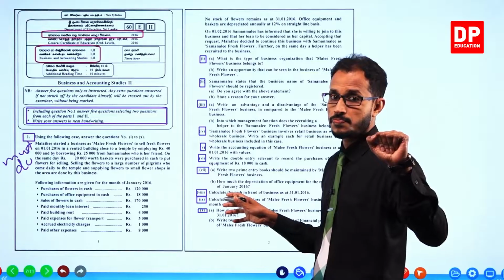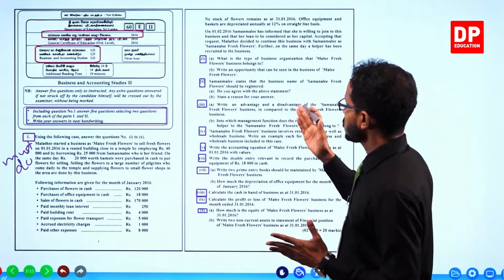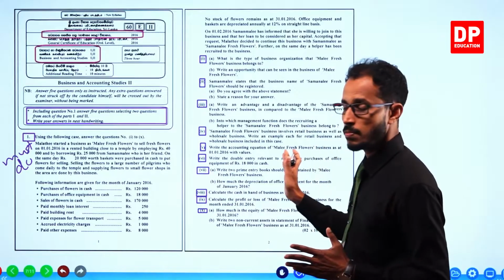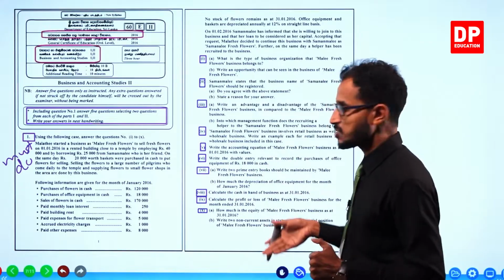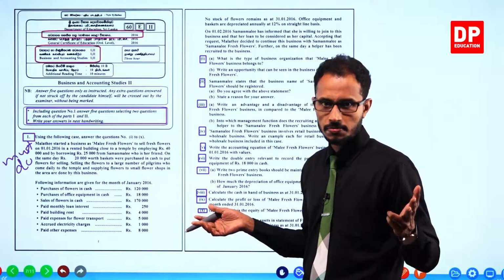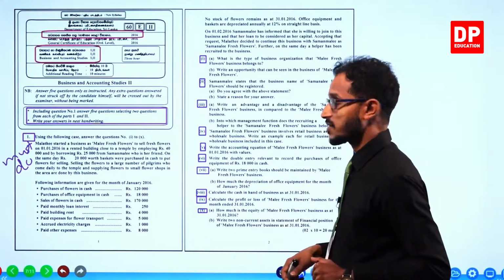All right, 10 subparts. The first 3 or 4 questions are from the BS part. The rest is from accounting. Got it? 10 subparts, and it's compulsory.